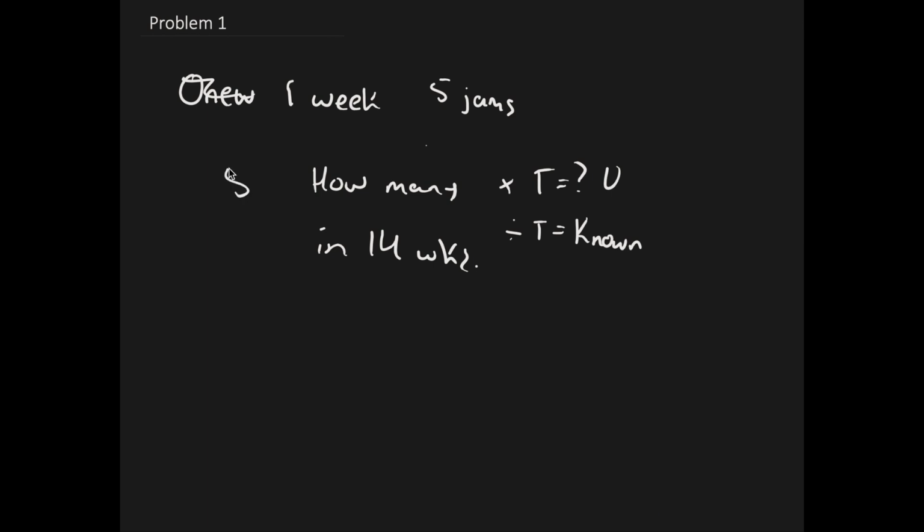We have 5 times 14. So we're going to multiply. 0, 2, now we're going to regroup. Then we're going to multiply these. We have 5. We add the 2 we regrouped. 70. So in 14 weeks, Claudia makes 70 jams. That's a lot of jams.